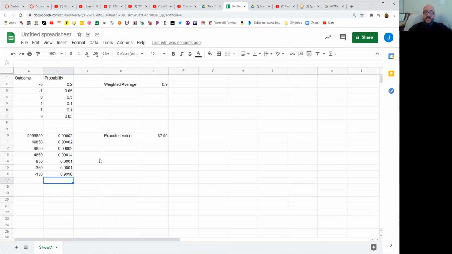You would end up down $87.95 per ticket that you bought. Similarly, if you and two friends got together and bought all the tickets, you would end up losing $87.95 per ticket.